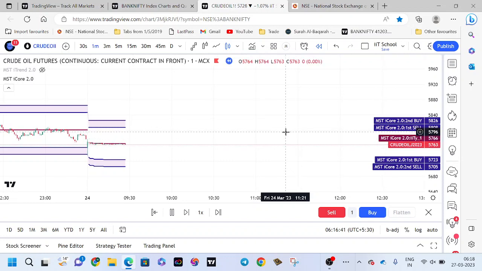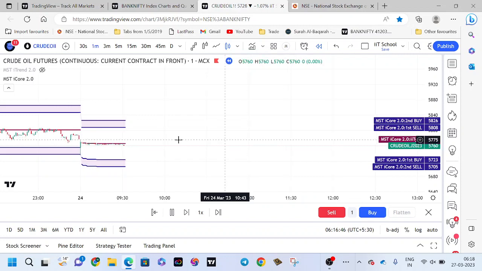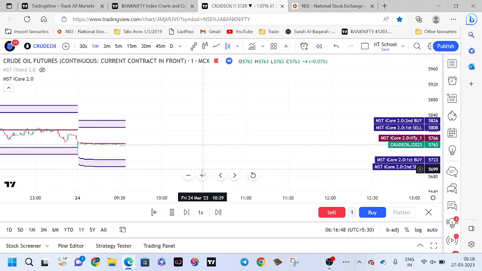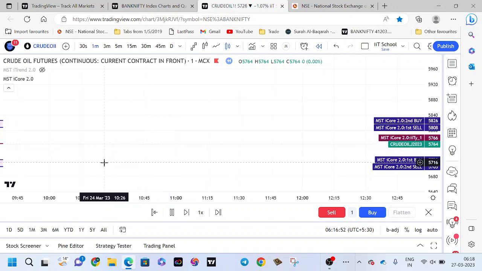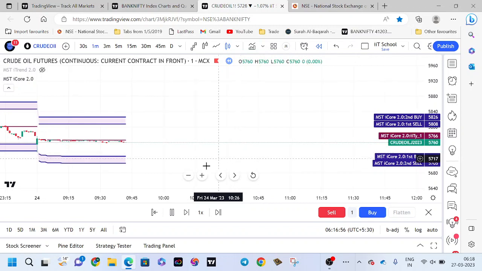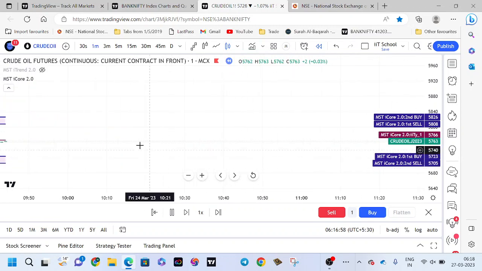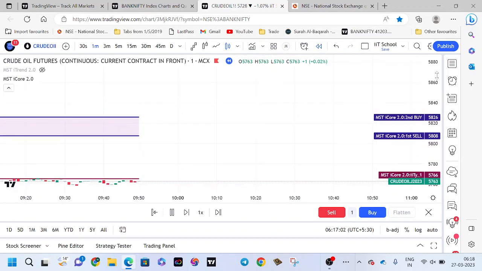If it is 20 or 19 points, you can extend the stop loss, and if the target is only 20 points, you can extend the target to 30 points. Okay, don't forget this, we have been telling this in our one-to-one training.